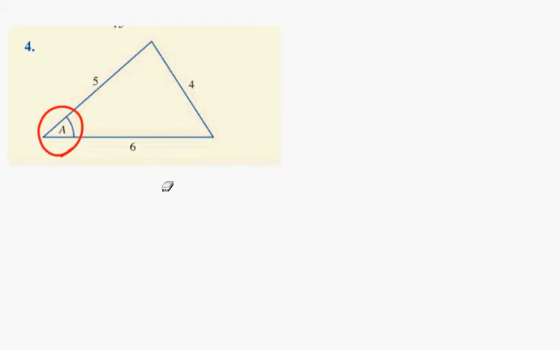So Pythagoras' theorem only ever gives you lengths. We're not doing the sine rule. We're not doing Pythagoras' theorem. We're not doing SOHCAHTOA because it's not right angled. That leaves us the cosine rule. A squared equals b squared plus c squared minus 2bc cos A.